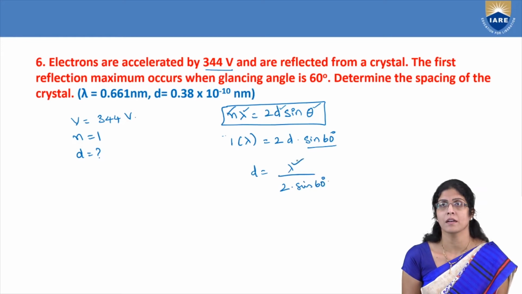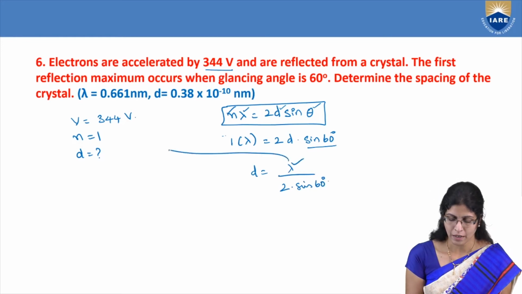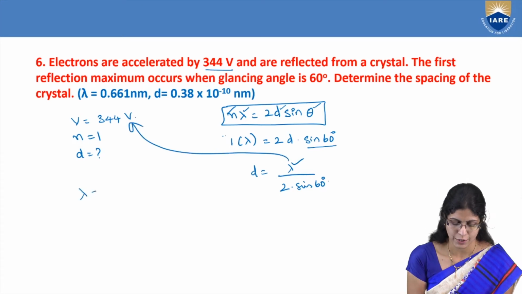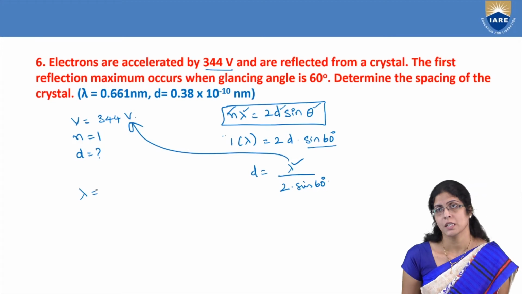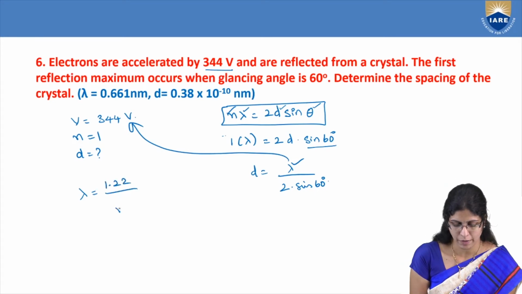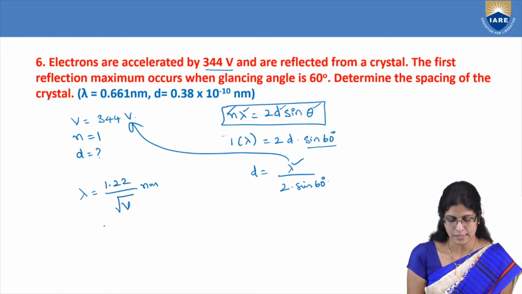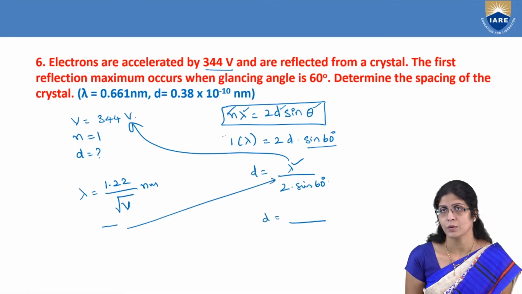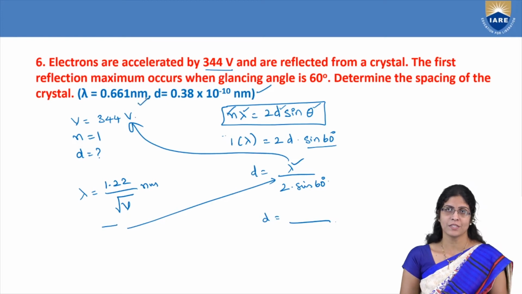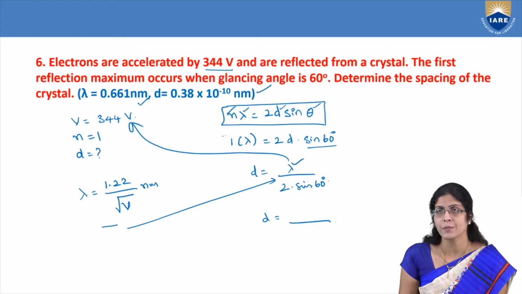But I need lambda. In order to get lambda, I have a tool here, my weapon, the de Broglie formula: 1.22 by root V nanometer. Substitute in this, get the lambda, go for substitution here, and then you will end up with d as this answer. Lambda should be 0.661 nanometer. So that's how you can do it very nicely.